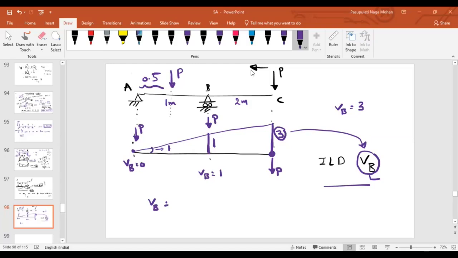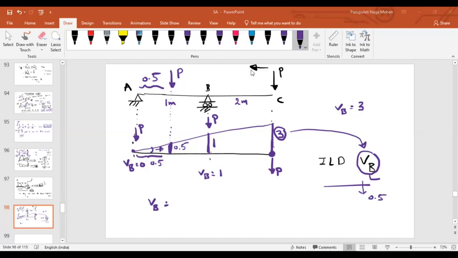If the load is somewhere here, this ordinate we have to find out. This distance is given as 0.5. The slope is also given as 1. Distance is 0.5, slope is 1. Then what about this ordinate? 0.5. So if the load is at a distance of 0.5 from support A, then the reaction at B is nothing but 0.5. Is it clear, Ramya?